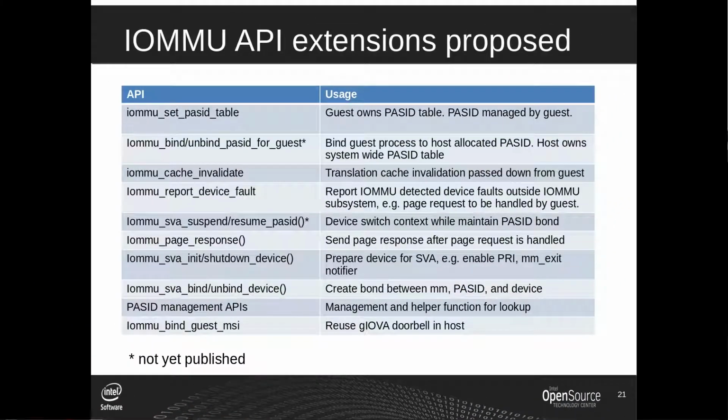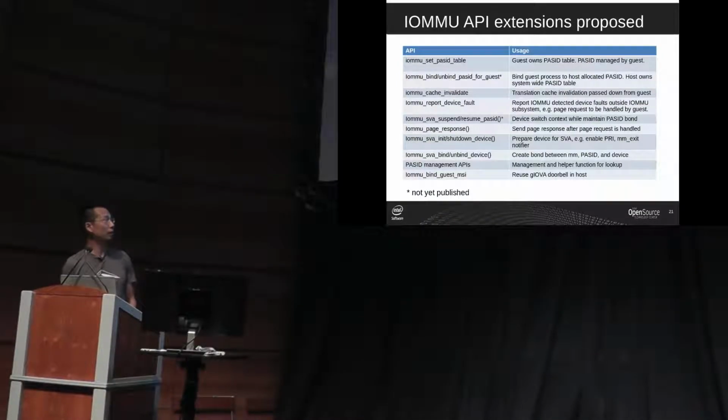I'm not going to go through the API table here, but those are reflected in the previous patch set. If you have a chance to read through it and follow the discussion, perhaps also contribute, those are the things you can look for in the first place.